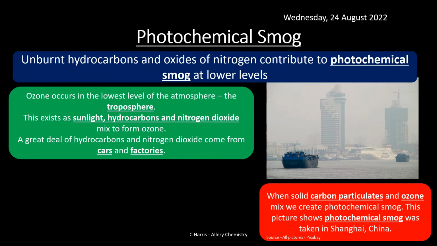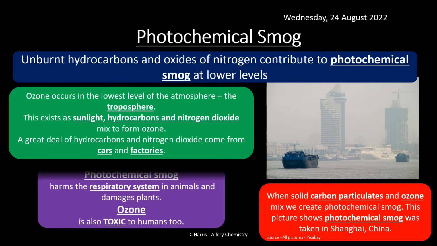When you've got solid carbon particulates and ozone mixing in the atmosphere, then we create this photochemical smog. This was taken in Shanghai, in China. You might see quite a bit of this in any major city, to be honest. It's quite a dim picture, isn't it, when you see all the pollution in the atmosphere.